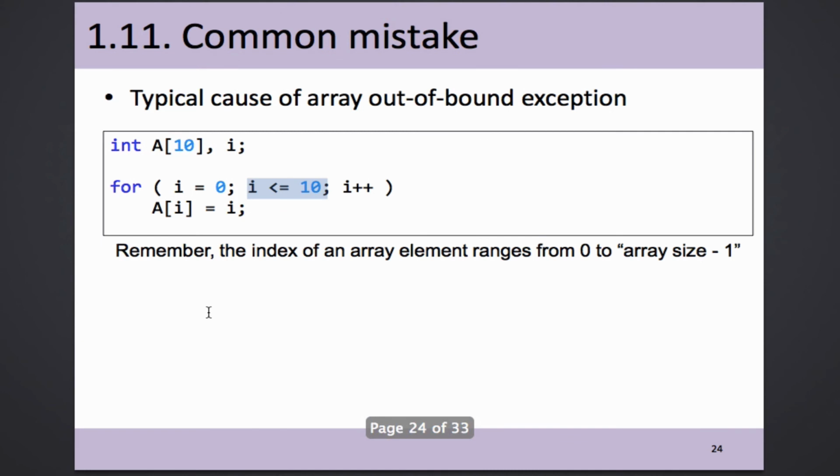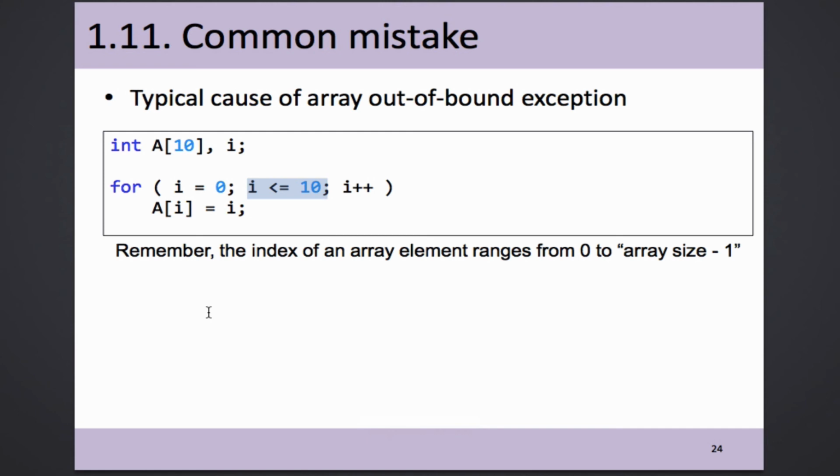Then what are the other common mistakes in the slides? Usually many people will do this, just like last week. Last week I said some people will do this, and many people commit a similar mistake. This is another mistake. This mistake generates the error that I just committed: array out of bound.